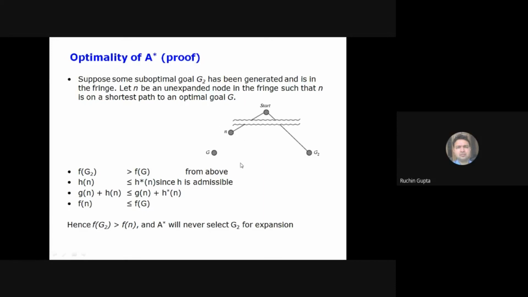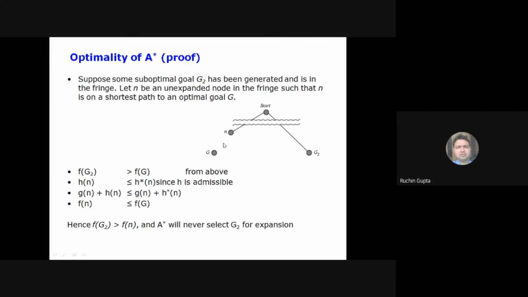So if we assume that there might be some other path to another node, that will not be available. It means that this A star algorithm will always give me the optimal solution of the problem.